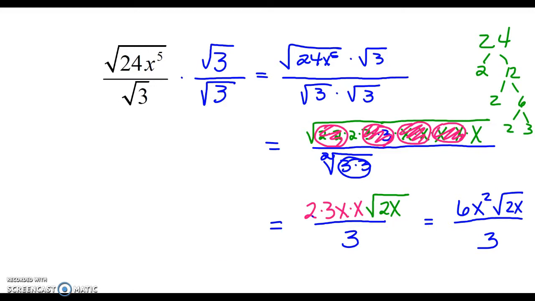I hope you see what I see. 3 goes into itself once, and 3 goes into 6 twice. Now down in the denominator, we're only left with a 1. So that totally eliminates our fraction. And our final answer here is 2x squared, the square root of 2x.